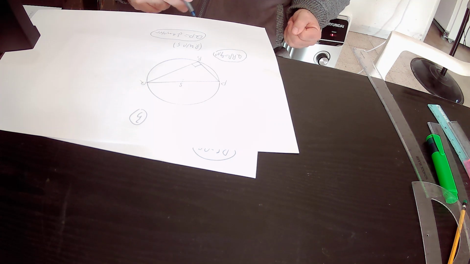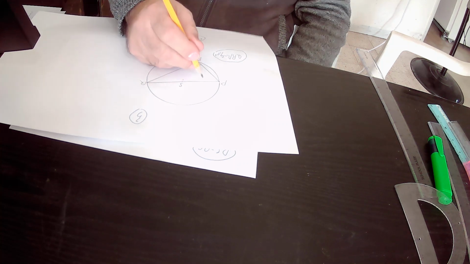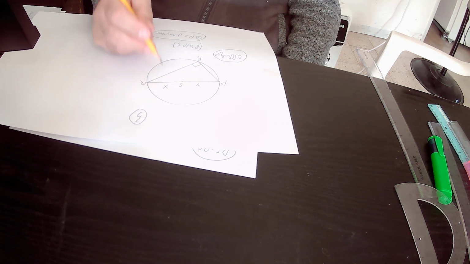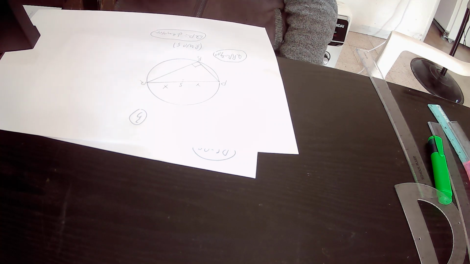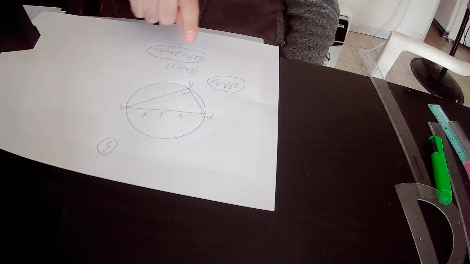So if we define PS as X, then SQ must also be equal to X. We know that QP is the diameter of the circle.